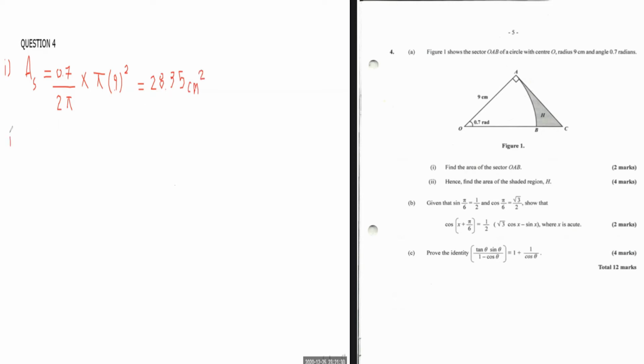Part 2, it says, hence, find the area of the shaded region. To find the area of the shaded region, I'm going to call it area shaded.